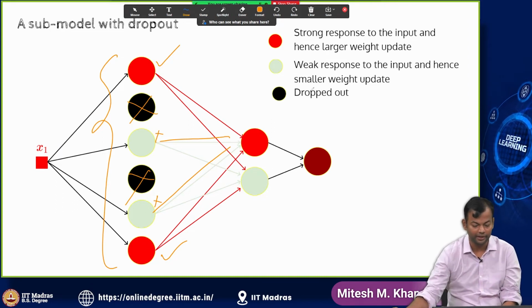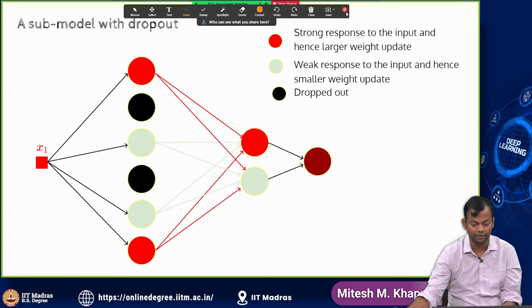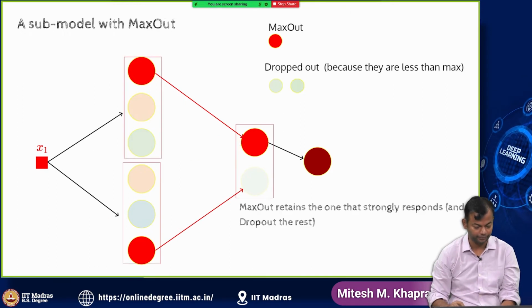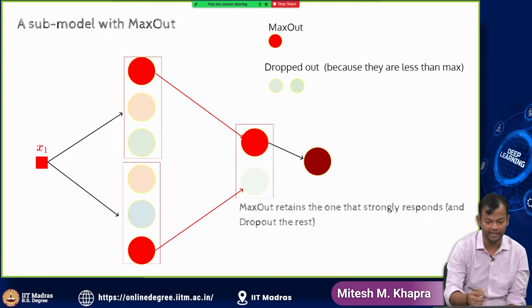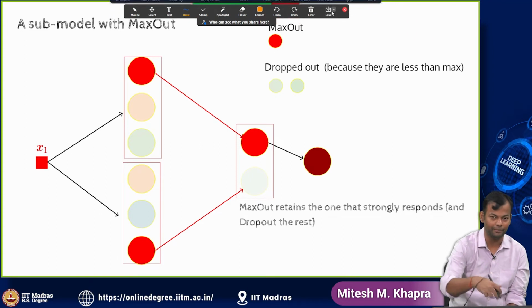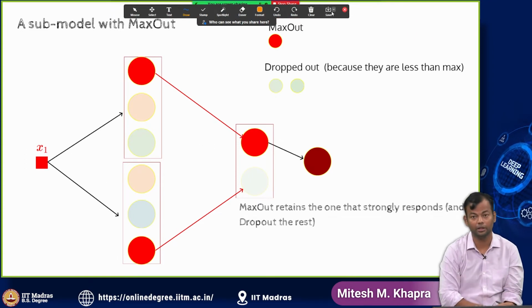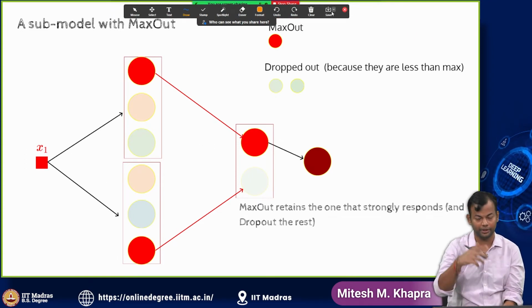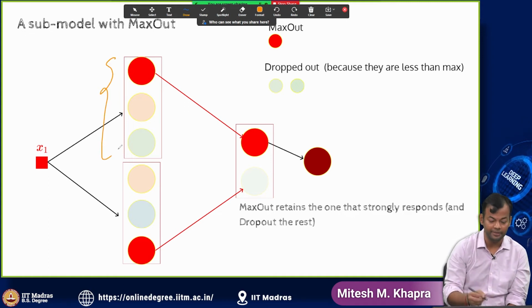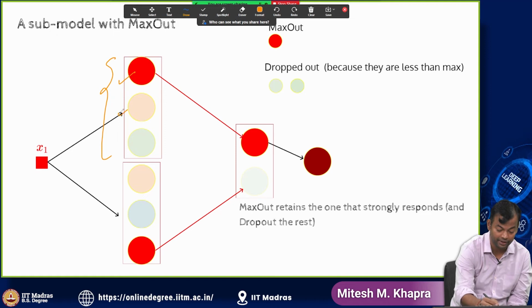Now if you look at the submodel that we have in the case of Maxout, what is happening here is the following, right? So this is what is happening in Maxout. Now I have considered a Maxout layer, and because I can't show many neurons here, this is one Maxout neuron, okay? This Maxout neuron in turn has 3 nodes.